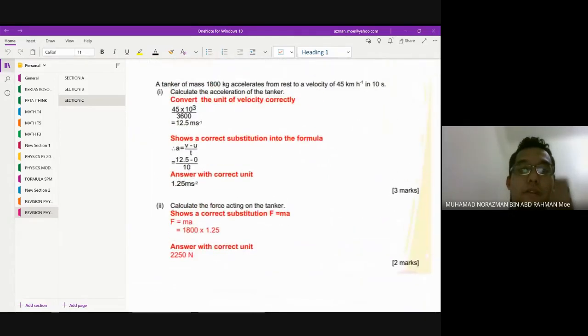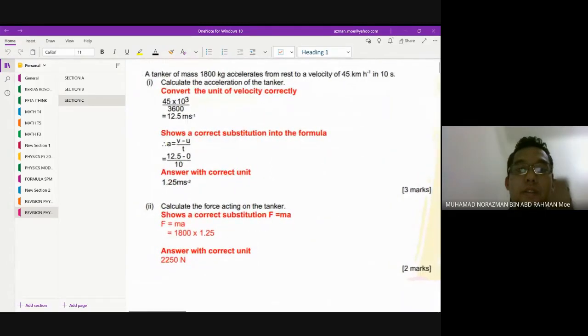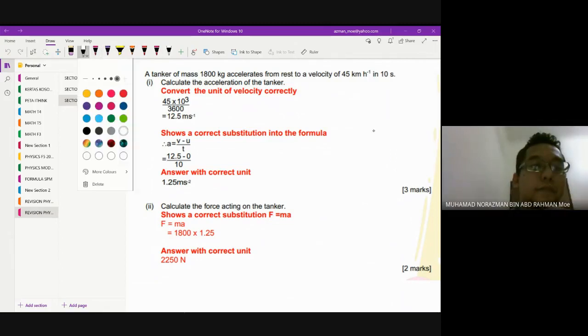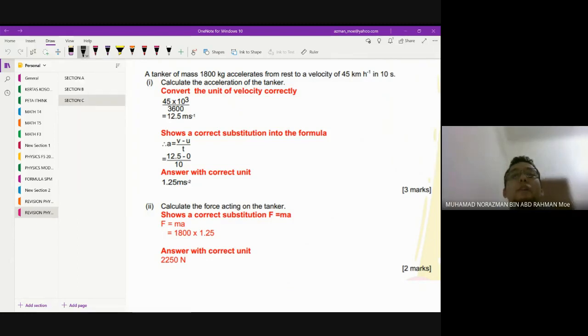Okay, let's take a look at an example of a calculation question. This one is not in your module, I just show an example. As you can see, this is about chapter 2, force.